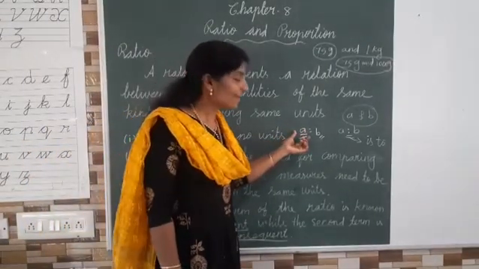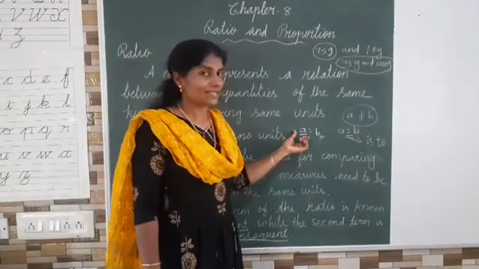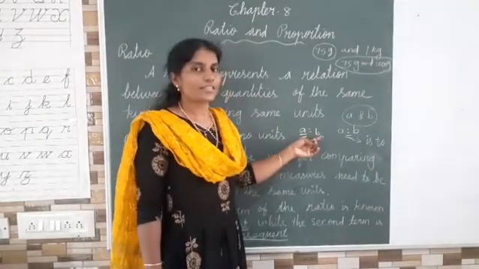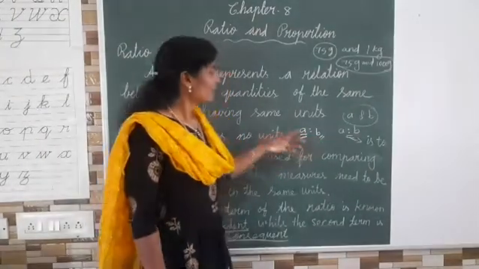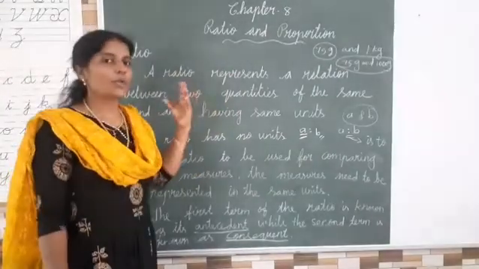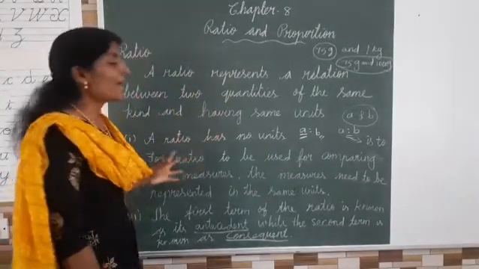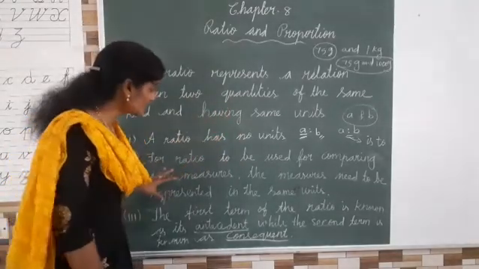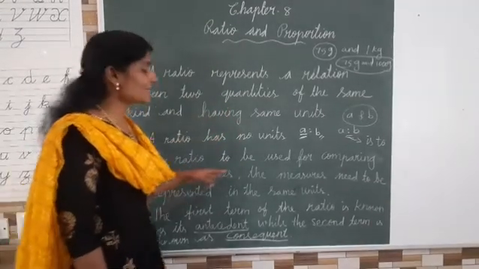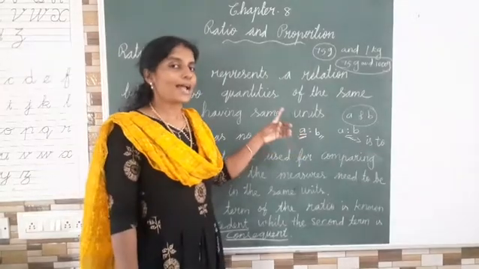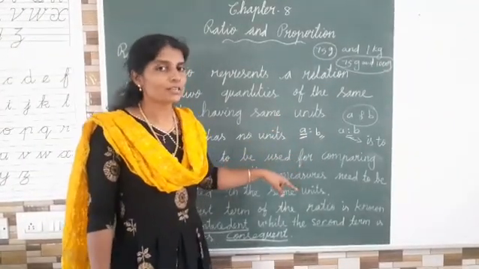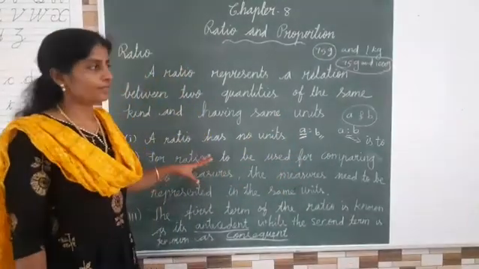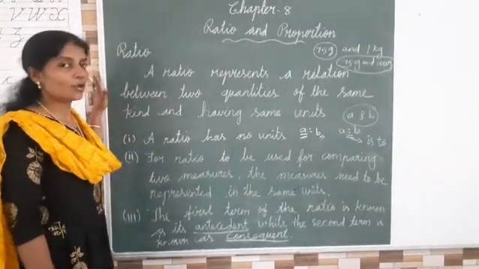Antecedent. Second term, consequent. Ratio has no unit; if we have different units, we need to change them into the same unit. Clear about what is a ratio?